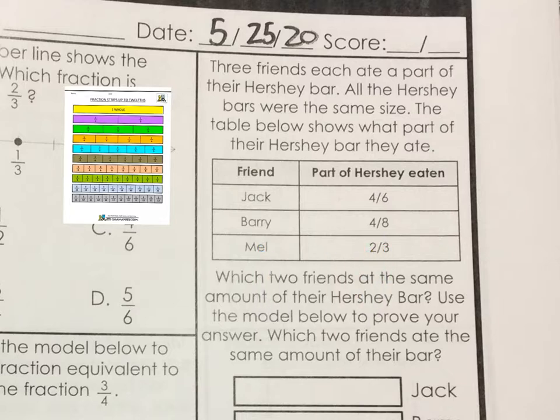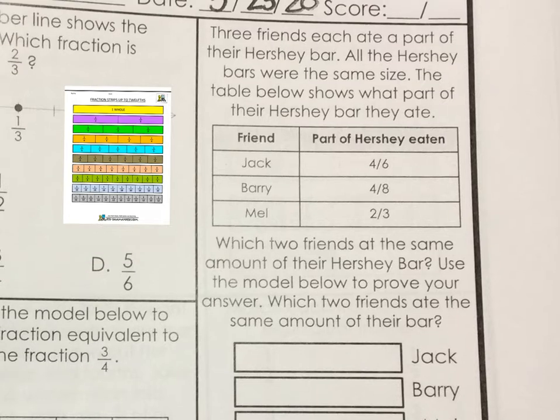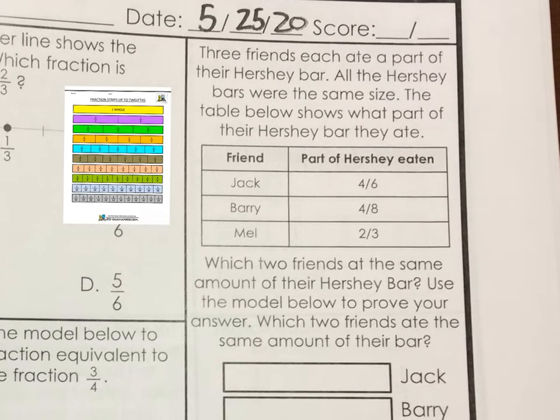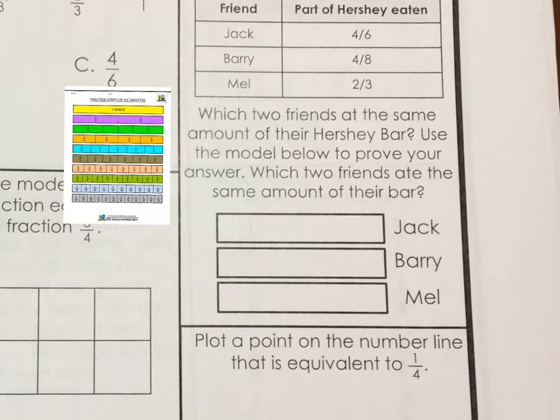That's just the information they're giving you. That's not the question. Then it says, which two friends ate the same amount of their Hershey bar? Use the model below to prove your answer. Which two friends ate the same amount of their bar?